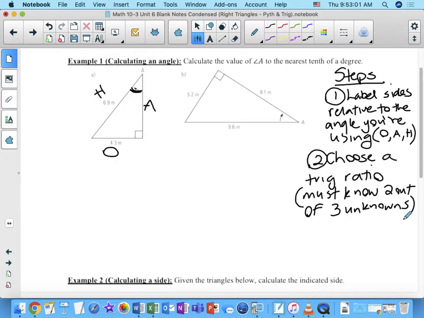Sine uses opposite and hypotenuse. So that's the trig ratio that we need to use so that we know 2 out of 3. Does that make sense? No? Yes? I need some response.